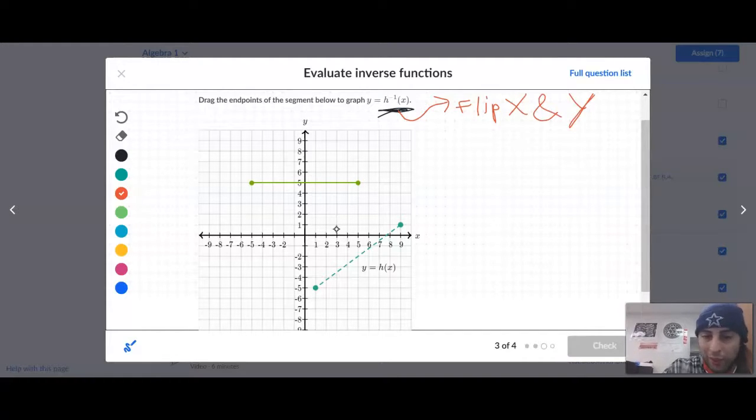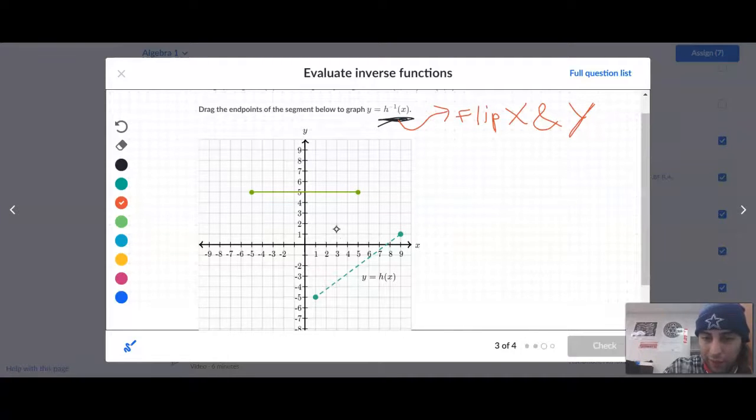So let's find these points. This point right here, the x value is 9, the y value is 1. So that point right there is 9, 1. Okay? It's an ugly 9, sorry. Okay, and then this point right here, the x value is 1, the y value is -5, 1, -5.